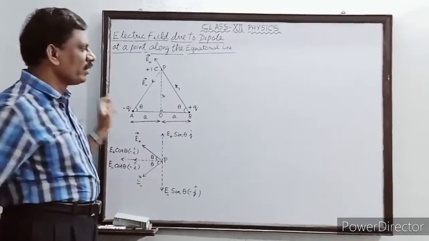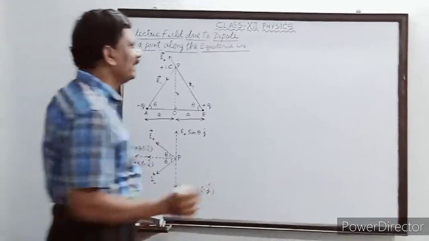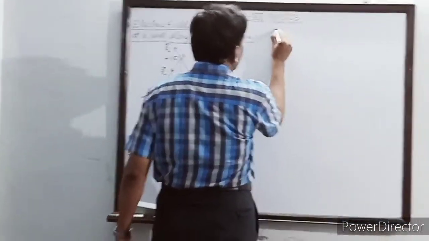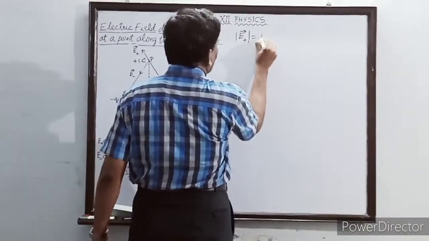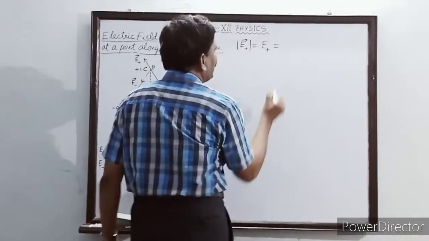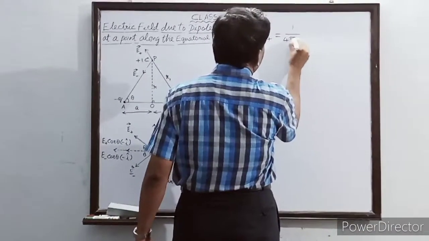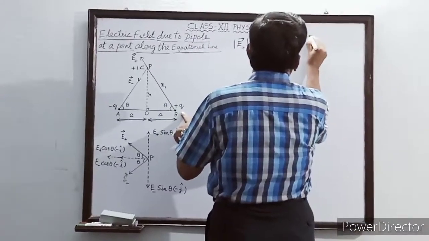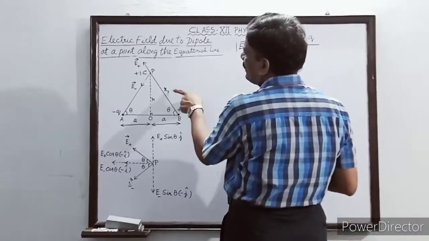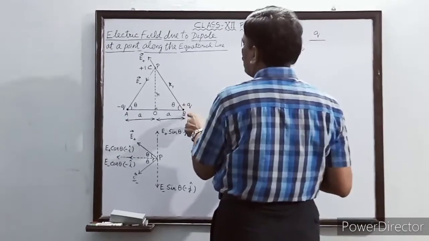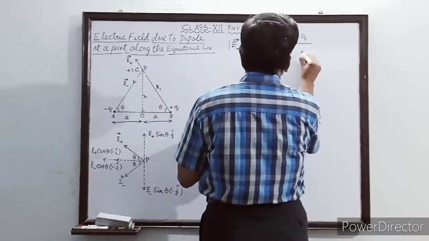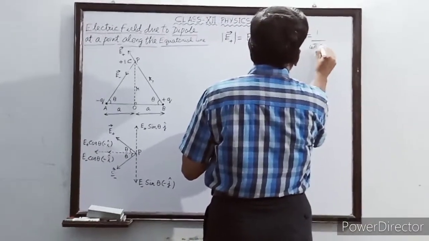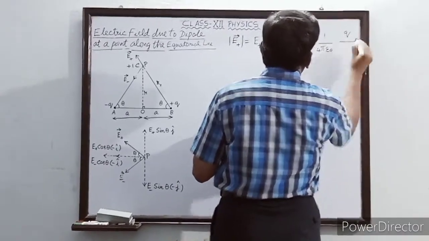So I am going to write the expression only for the magnitude first. The magnitude of the electric field E plus is equal to 1 by 4 pi epsilon naught into q divided by the distance squared, that is r1 square, which is equal to BP square.